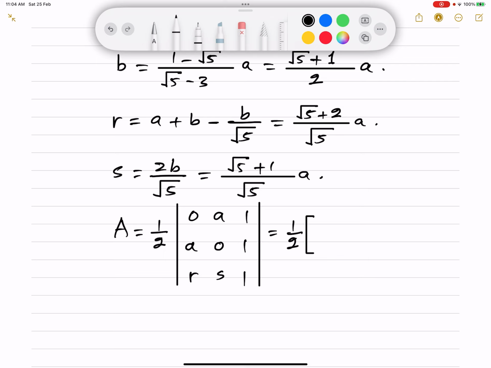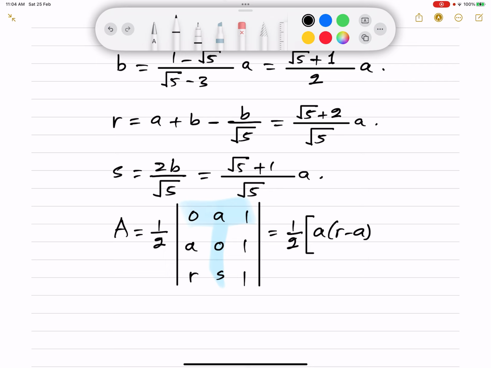So the first one is going to give us 0, of course, so we ignore that. And then negative a multiplied by a minus r, which is basically a multiplied by r minus a.